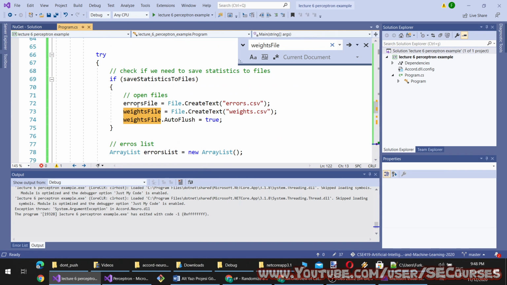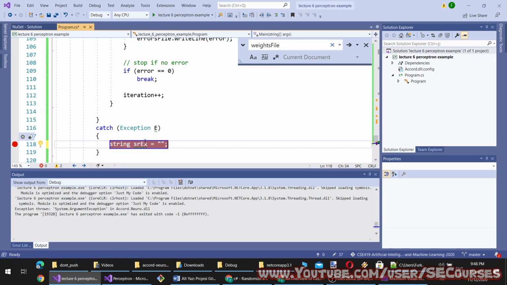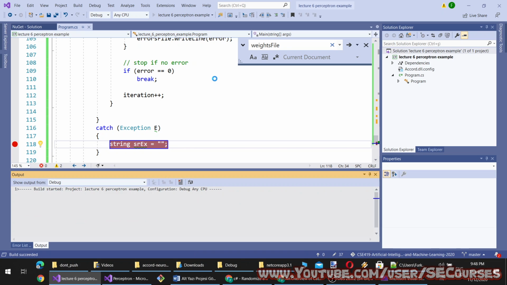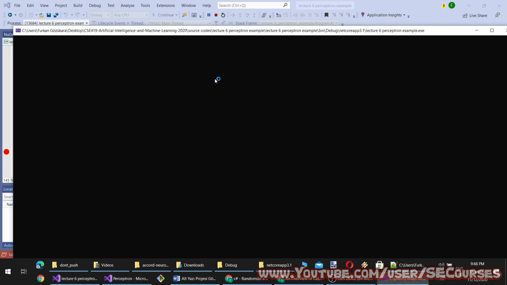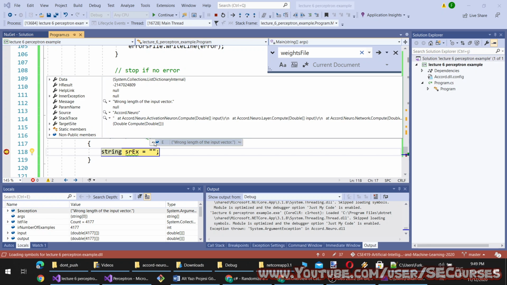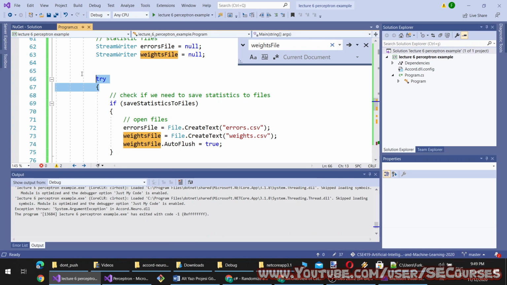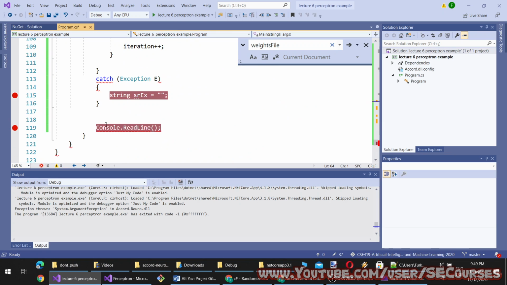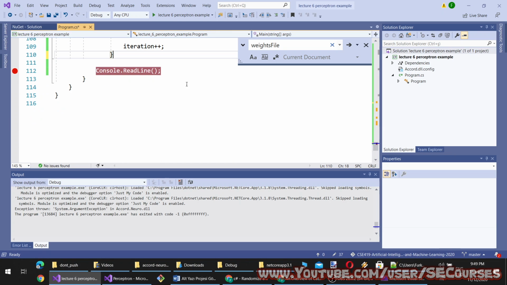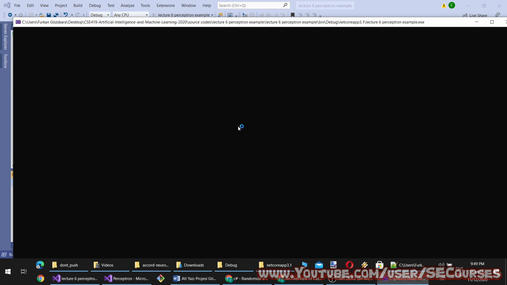Oh, we didn't see anything because an exception happened. Yes, wrong length of the input vector. I'm going to remove this try catch so we can see the error when it happens. So it says there was a wrong length of the input error.